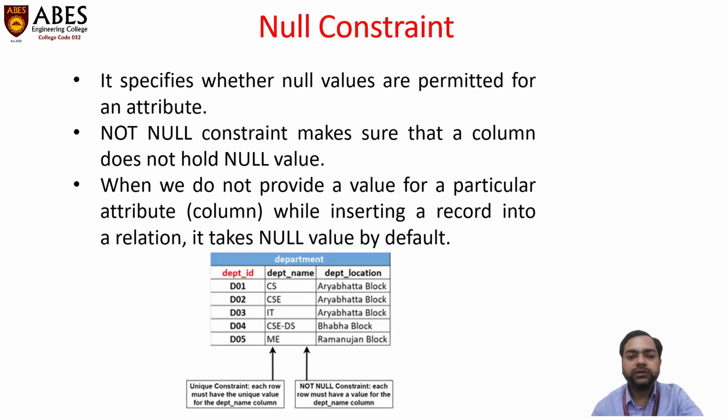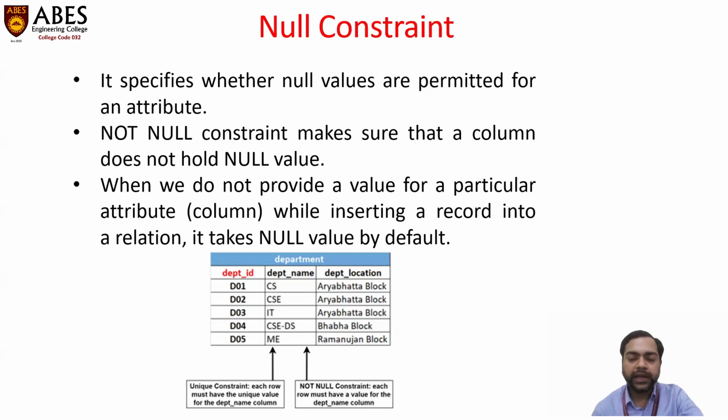Now, what is the null constraint? As the name specifies, this is a constraint which specifies whether values permitted to enter into the relation can be null or not, right? We have a particular constraint known as not null. The not null constraint makes sure that a column does not hold null values. If I want to create an attribute where I don't want to insert any null value, then while creating the table, while creating the relation, we can declare that attribute as not null.